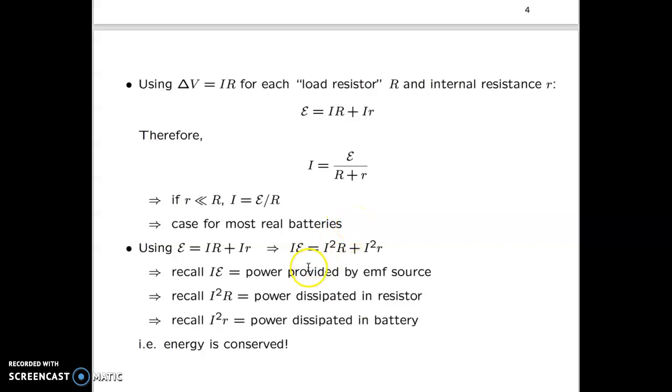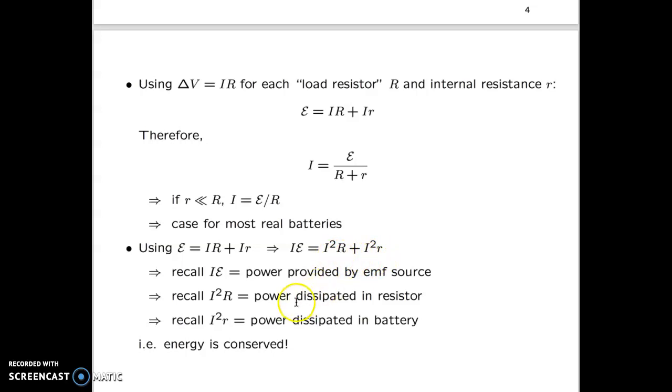So we have again this equation for the EMF in the circuit: E equals I times big R plus I times little r. I can multiply both sides by current, and I know the meanings of the two terms on the right-hand side.